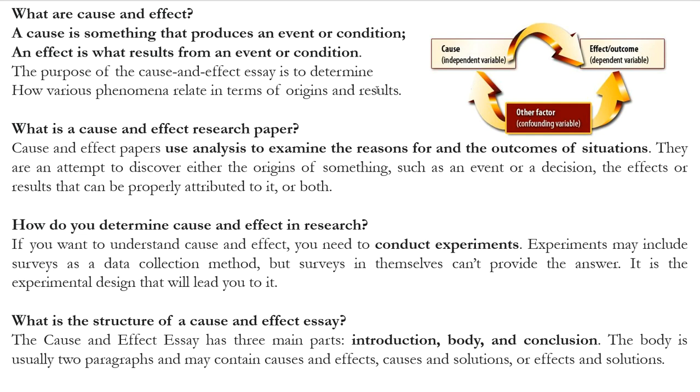If you want to understand the cause and effect, you need to conduct many experiments. Here, experiments may include surveys and analytical and descriptive modes, as data collected from various research methods and experimental ways. But surveys in themselves cannot provide the exact answer.